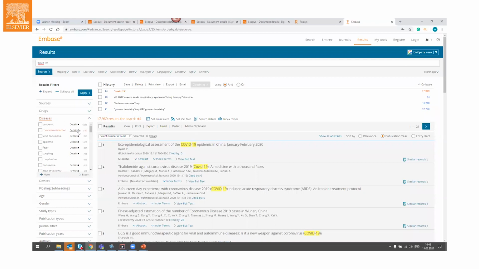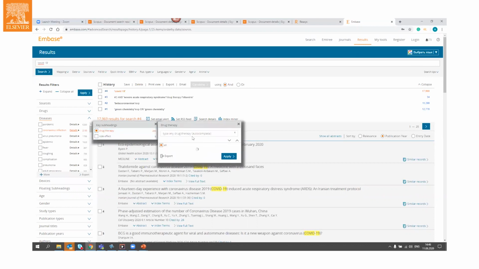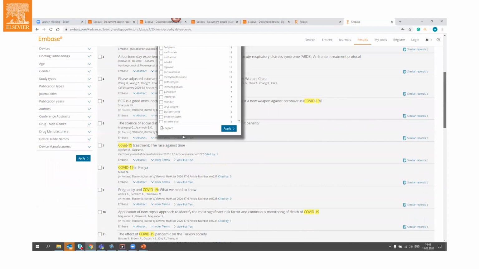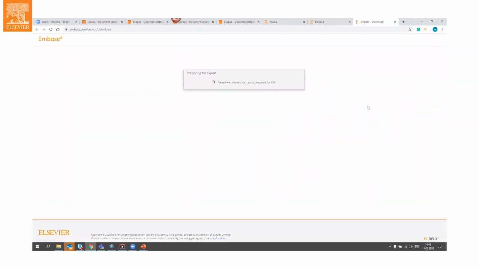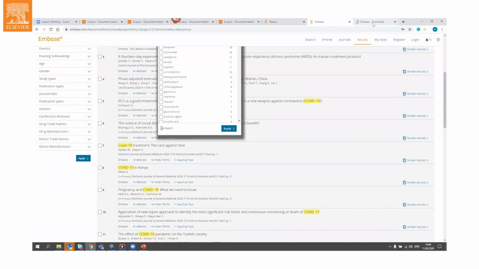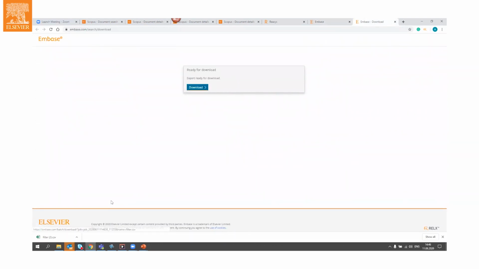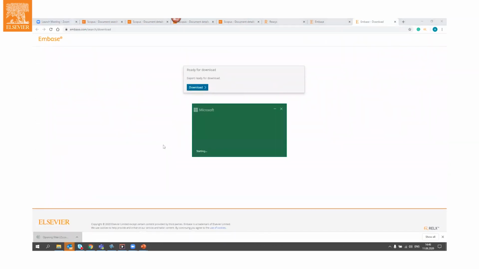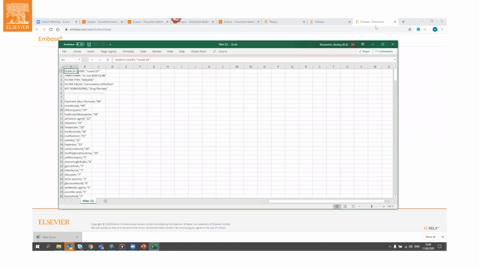From here, you can not only filter it, but also export all the drugs mentioned in this list. So you can easily put it in your Excel sheet or in some other software. Here it is, the list.